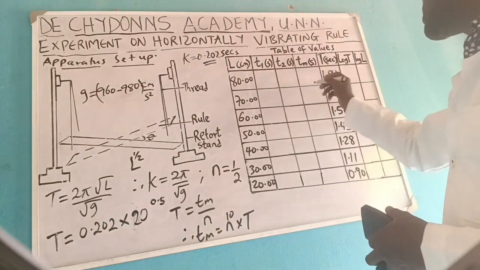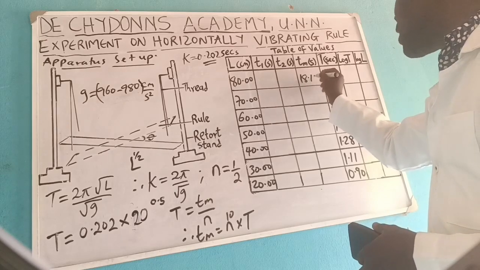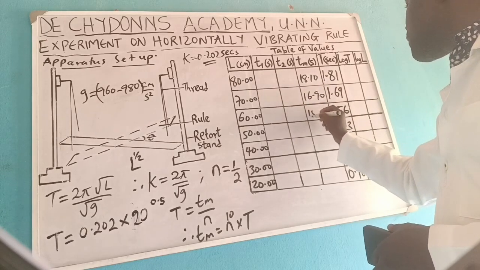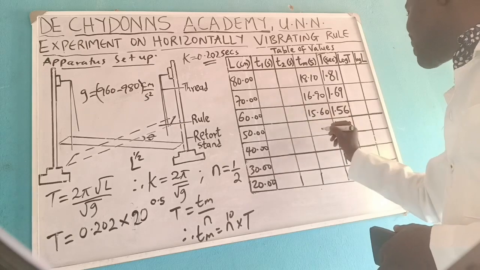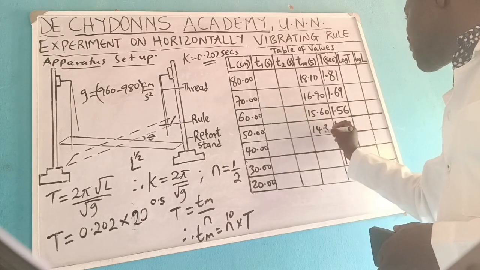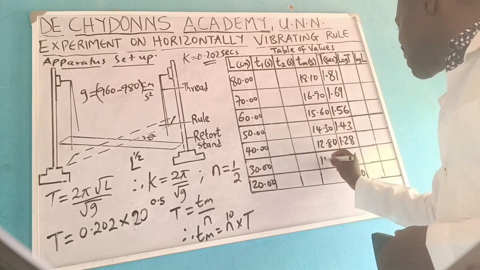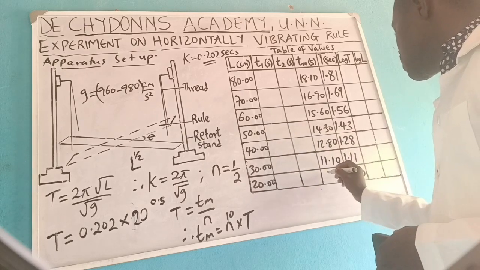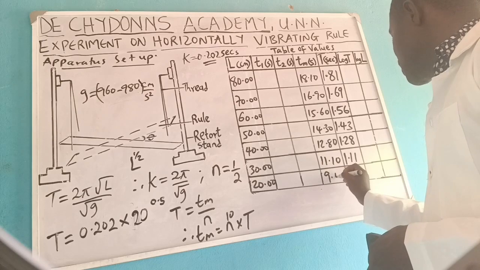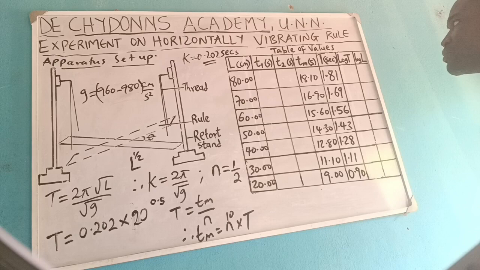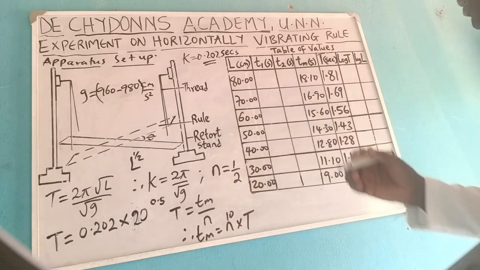So 10 times this will be giving me 18.10, 16.90, 15.60. 10 times this, 14.30, 12.80. 10 times this, 11.10, 9.00. We have gotten the what? Mean time of the oscillation.